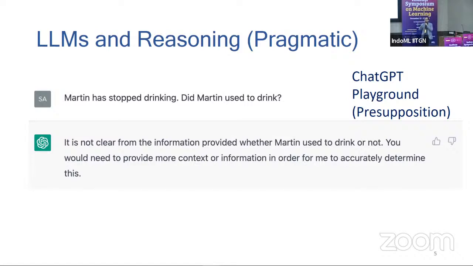So I'm asking ChatGPT, did Martin used to drink, given this fact? Of course, it says that it's not clear from the information provided whether Martin used to drink or not, but that's actually not true. In our conversations, if you say Martin stopped drinking, you will infer that Martin used to drink. This is a presupposition example, along with the numeric example that we saw.